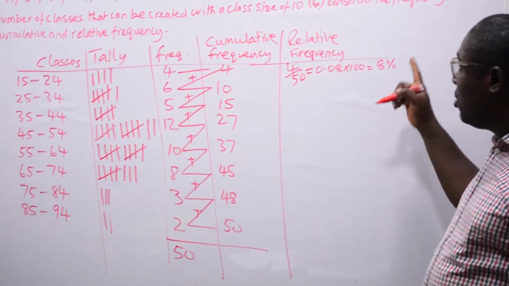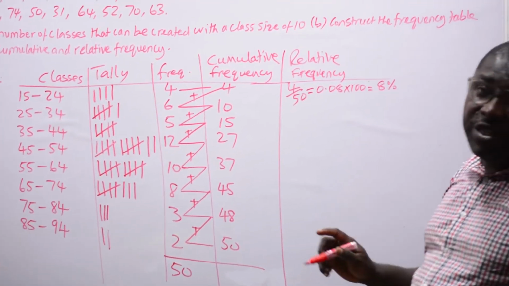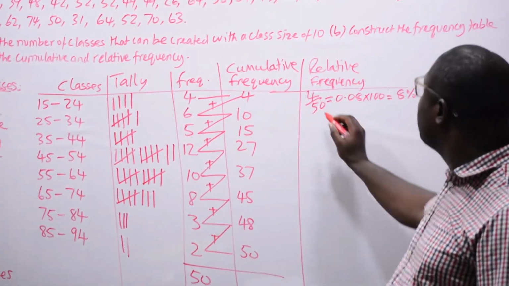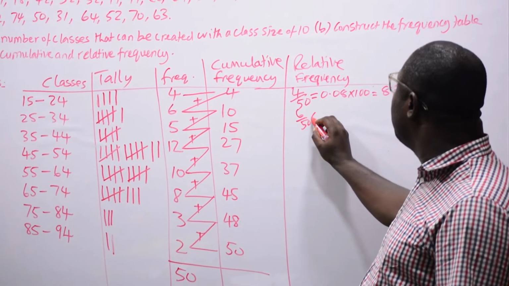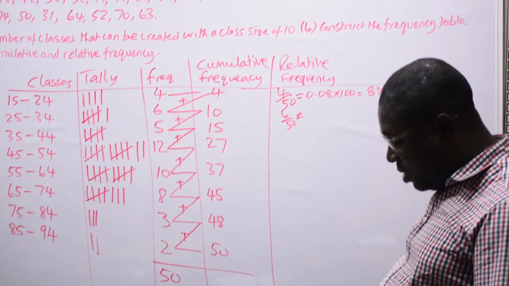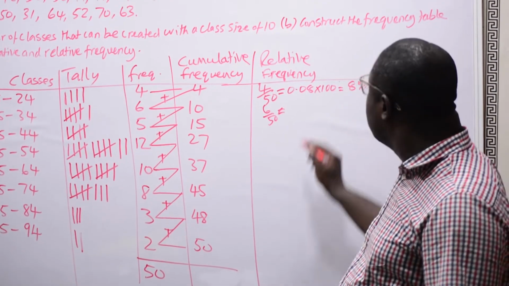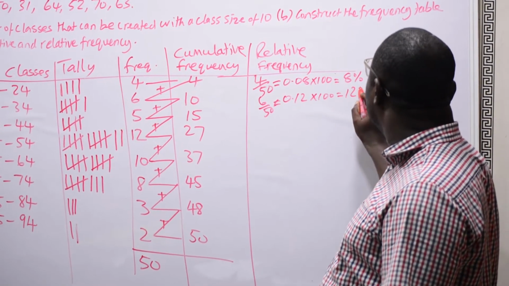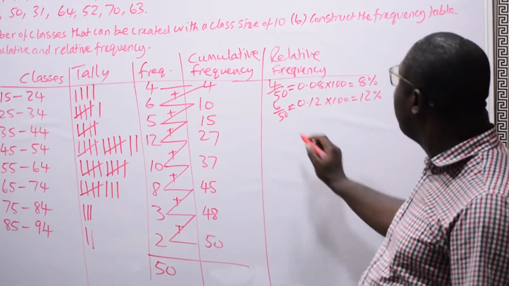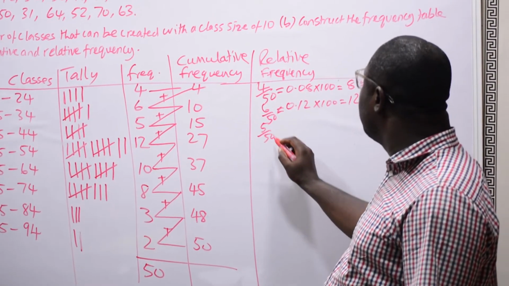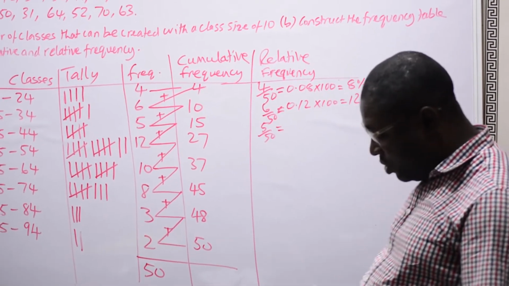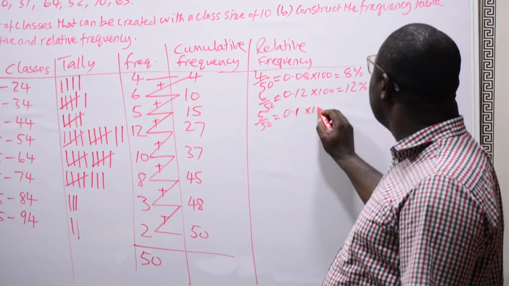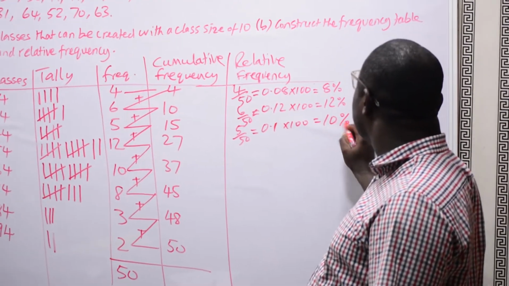That means 8% of the students scored between 15 and 24 marks, as you can see here. The next one is 6. We have 6 divided by 50, which will give us 0.12, times 100 will give us 12%. The next one is 5. We have 5 divided by 50, which is going to give us 0.1, times 100 gives us 10%.